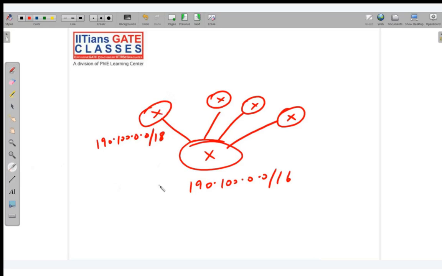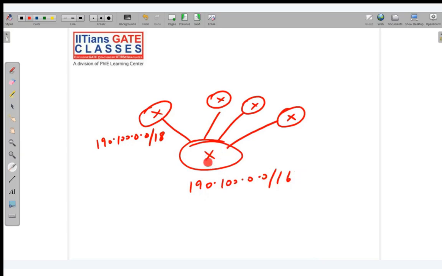Are you getting it? Okay, do not worry if you have any doubt. I will clear your doubt, but first let me complete how we will divide it. It is not very difficult, it is very easy. Just focus on what we are doing here. 190.100.0.0/16 means total IP addresses are 2 power 16.